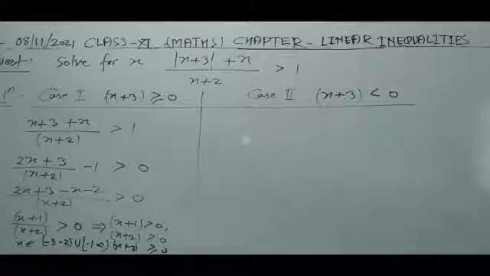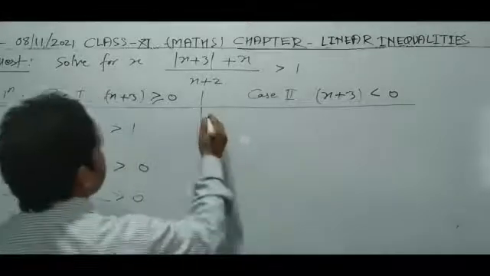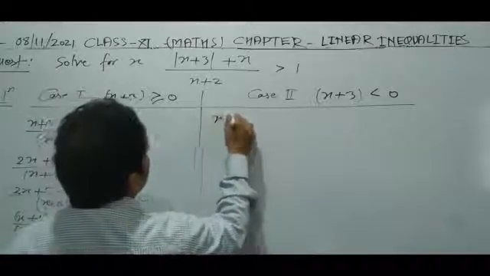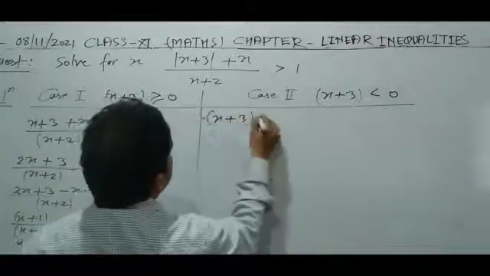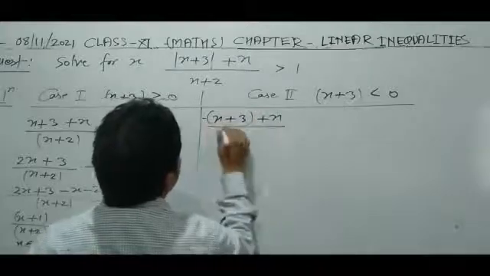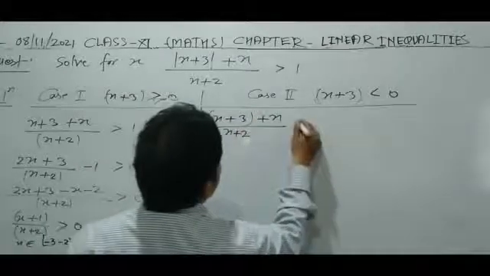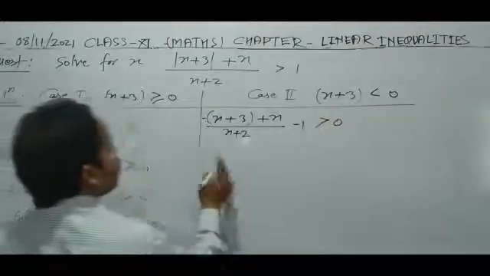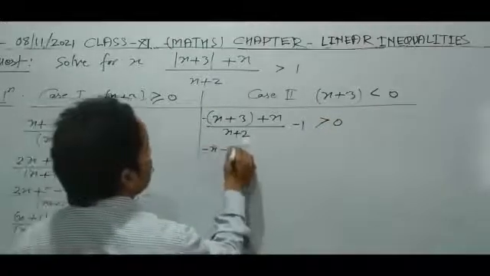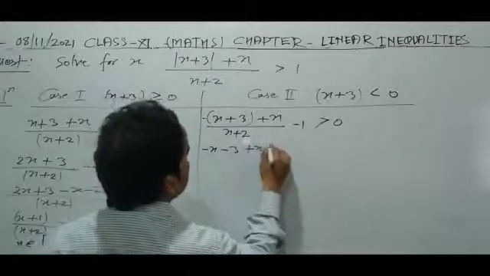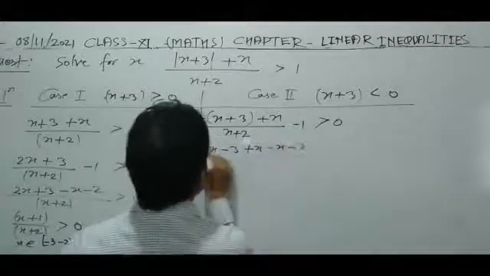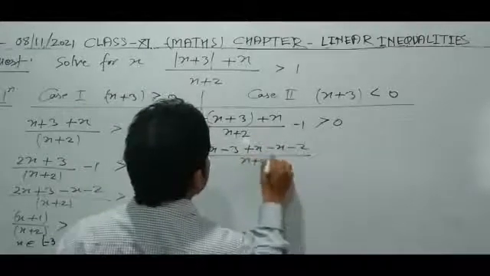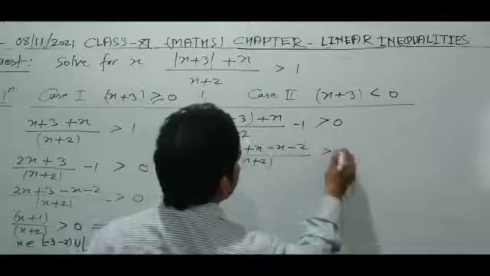So now in this case, x + 3 will be negative: minus (x + 3) + x upon x + 2 minus 1 greater than 0. Now the LCM gives (-x - 3 + x - 2) upon (x + 2) greater than 0.